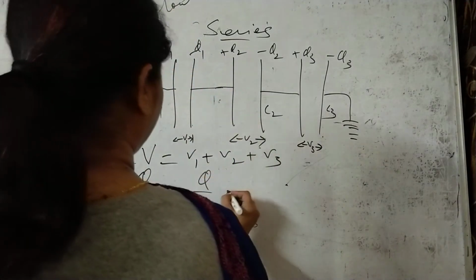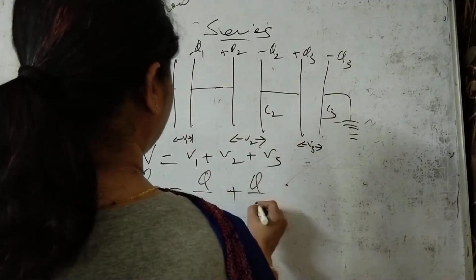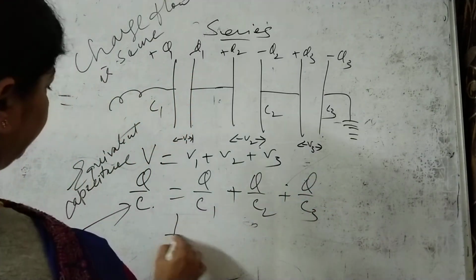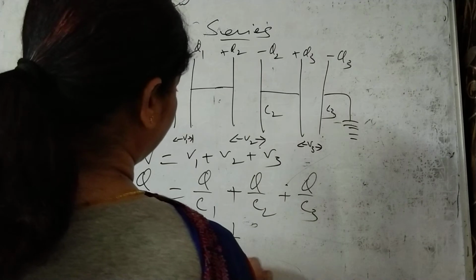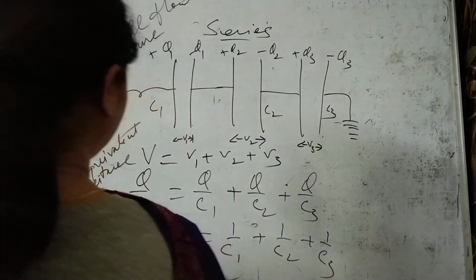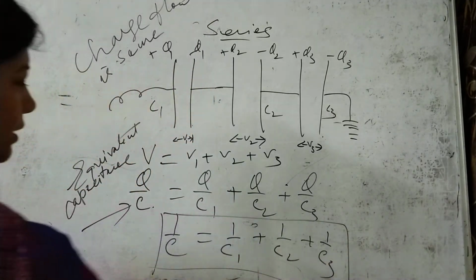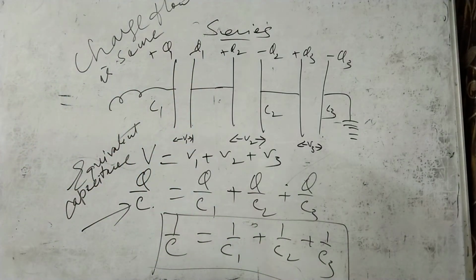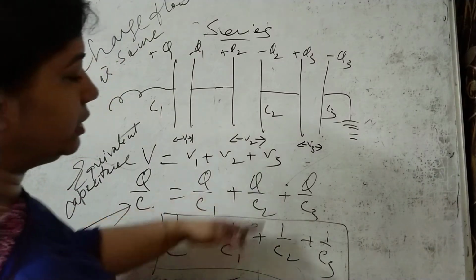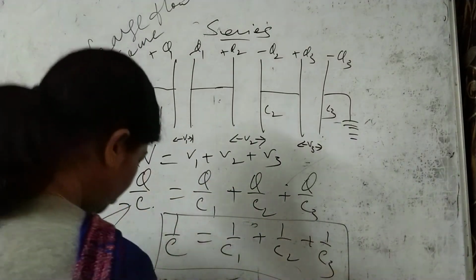So Q by C1 plus Q by C2 plus Q by C3. So basically we get 1 by C equals 1 by C1 plus 1 by C2 plus 1 by C3. So this is the condition when they are connected in series: the equivalent capacitance is given by 1 by C equals 1 by C1 plus 1 by C2 plus 1 by C3, and so on.